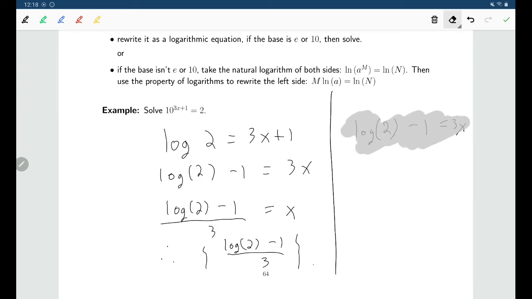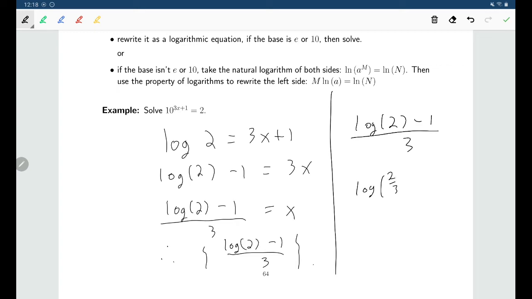The other spot just to be careful about here is when we're looking at our answer, log base 10 of 2 minus 1 over 3, a lot of times people will mistake this as meaning log of 2/3 minus 1/3, and these are definitely not the same thing. Remember that in this case, the only thing going inside this logarithm is the number 2.